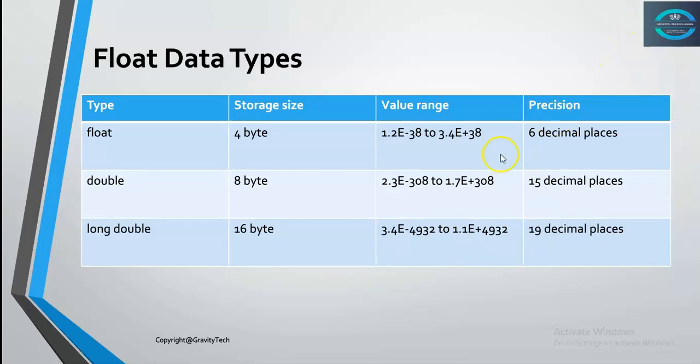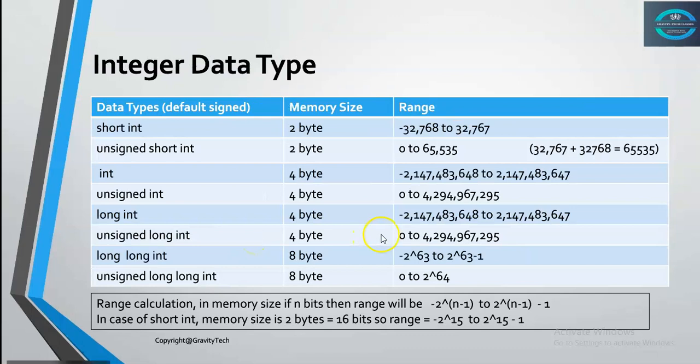Okay. One more point I forgot to tell you about integers. What example can I give where you would use short integer, where you would use integer, and where you would use long integer? Just think of the number of students present in a school.